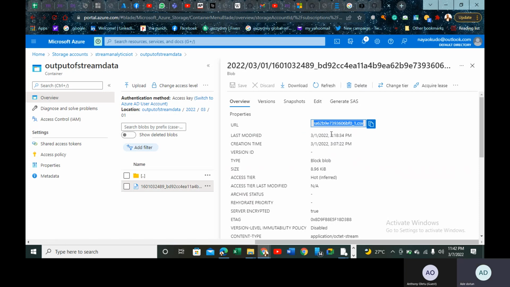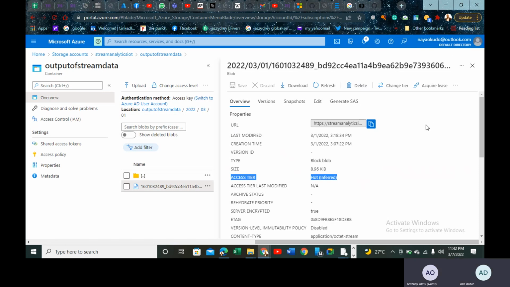So we are supposed to analyze the data. The day I generated data, month of March, the type is block, bulk. Look at the size, 8.9. The file is very small. Then I explained the access tier to you, that it is fairly hot.